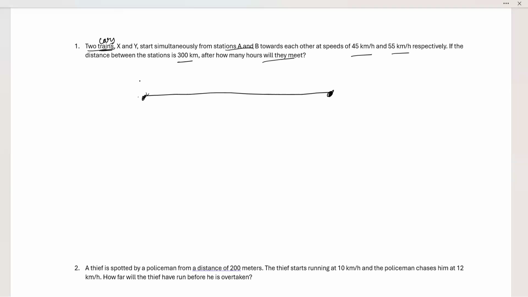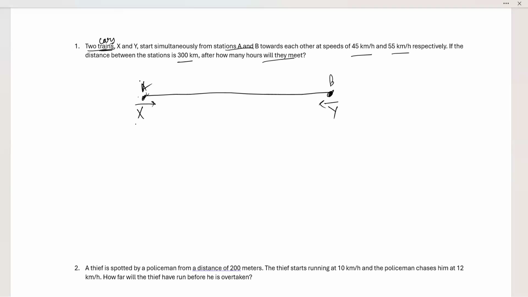So this is point A and this is point B. And this train, I will just say train, but again you can assume it to be a car. Train X starts from here and Y starts from here. This one is going in this direction and that one is going in this direction.